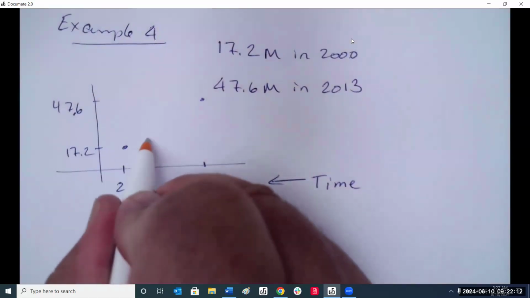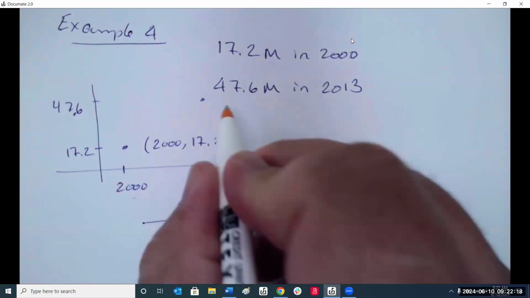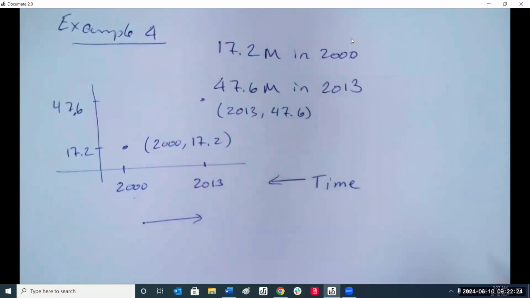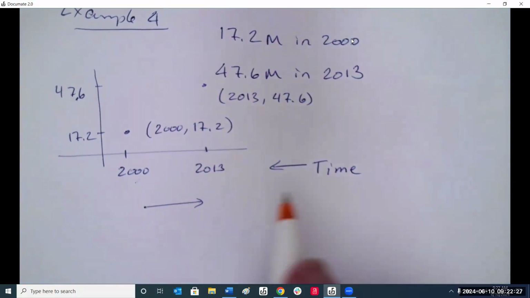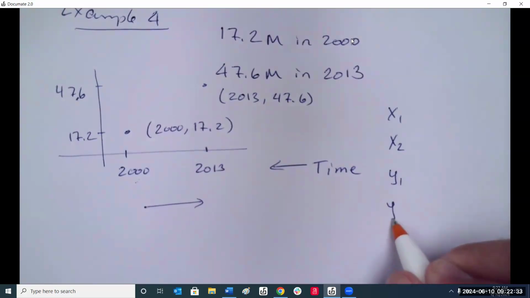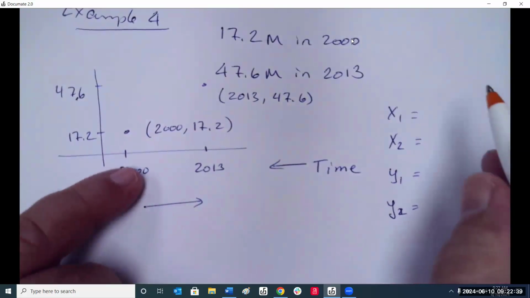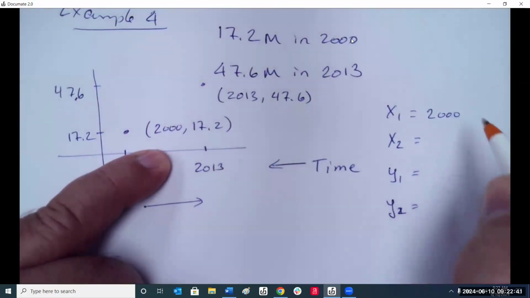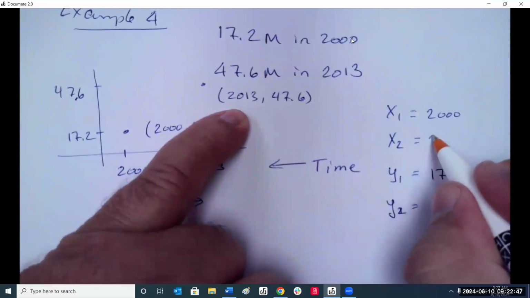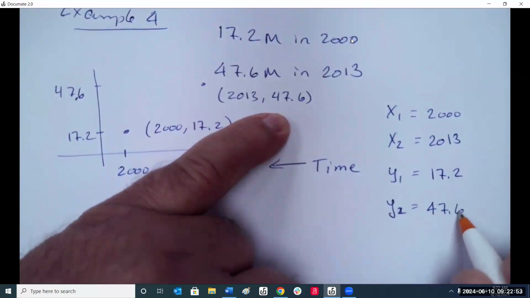So what we have here is the point 2000, 17.2, and the point 2013 at 47.6. We have our 2 points. Now we can label our y1, y2, x1, x2. X1 is 2000. Y1 is 17.2. X2 is 2013. Y2 is 47.6.